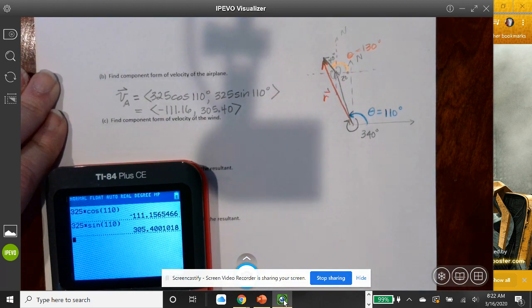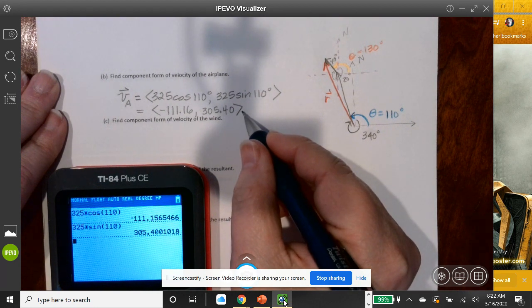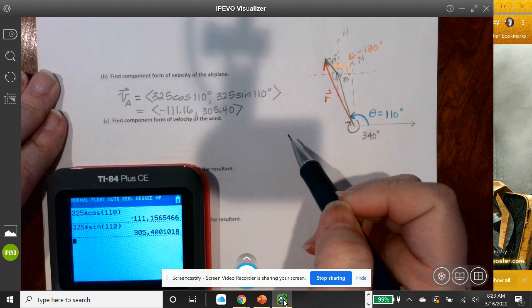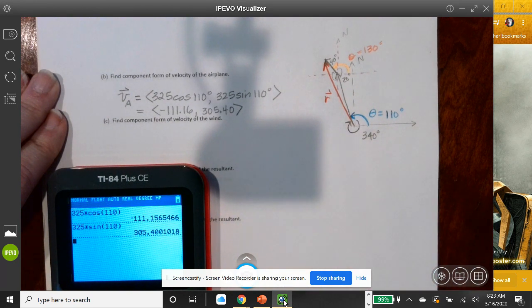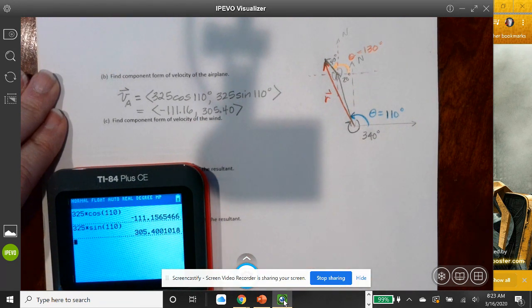There you go. Now, these are the approximate answers. When I find the angle and the component form of the resultant, I'm going to use the exact values, the ones that I have up here.